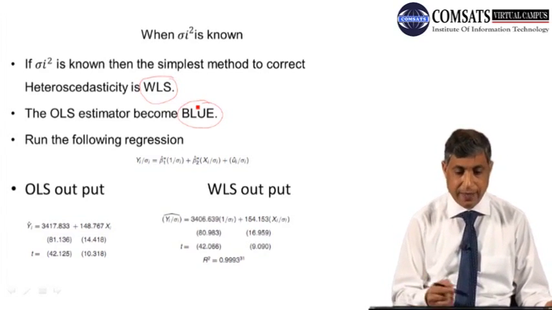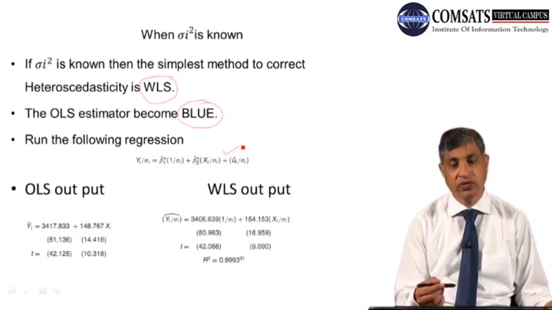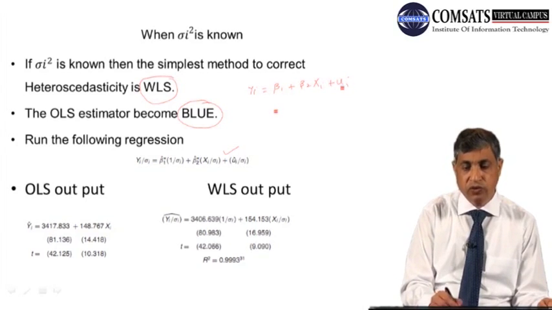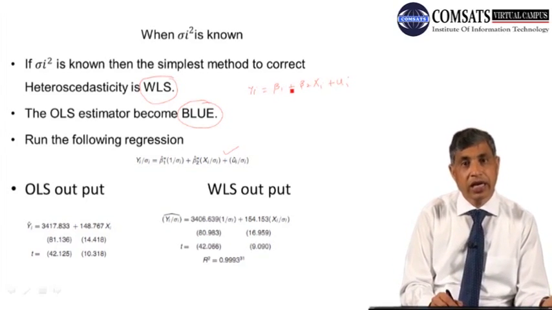So run the following regression. Before this, what is the regression? The simple regression is yi equals beta 1 plus beta 2 xi plus ui. Now we know that sigma i square is known.